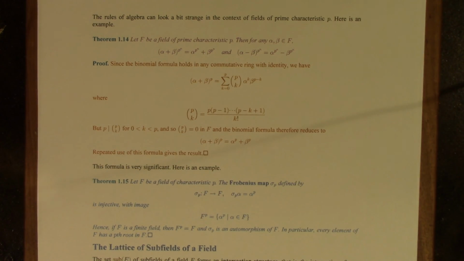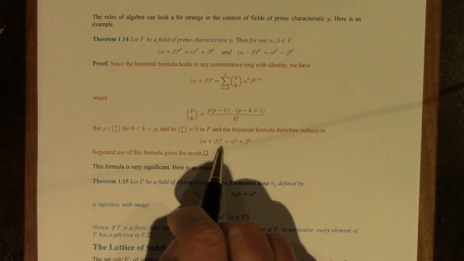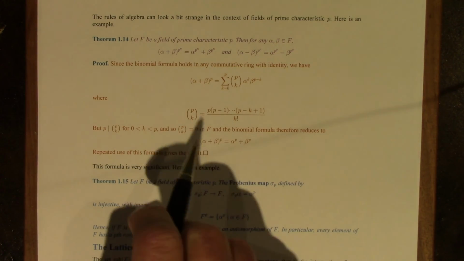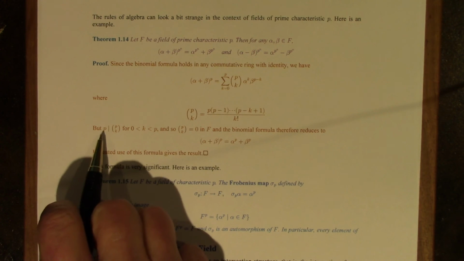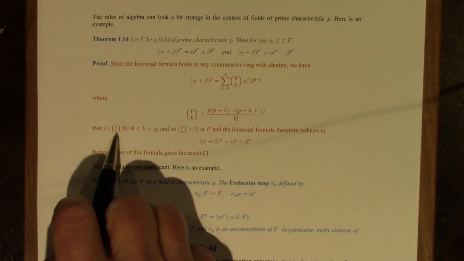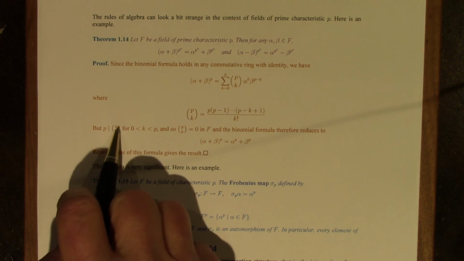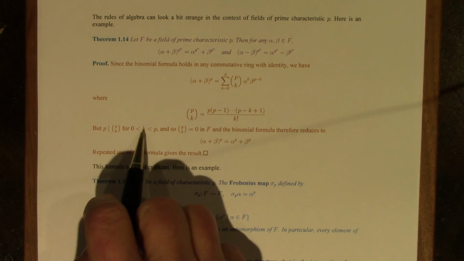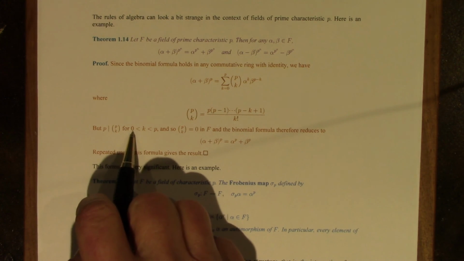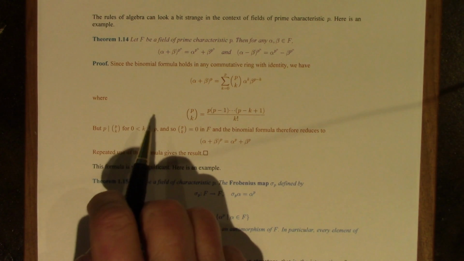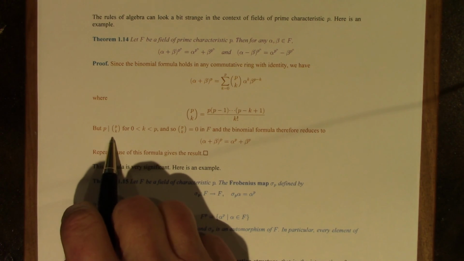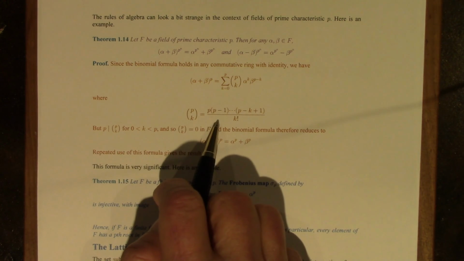All the other terms in the binomial formula will be 0, and this is the proof here. It hinges upon the fact that p divides the binomial coefficient p choose k for k bigger than 0 but less than p. And I'm going to leave you to sort out why that is.